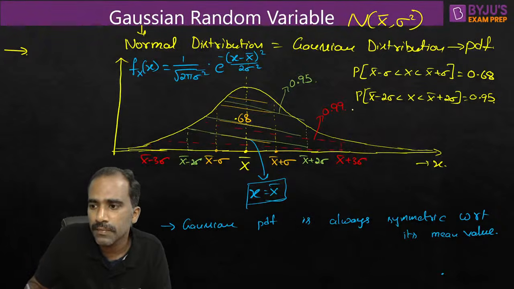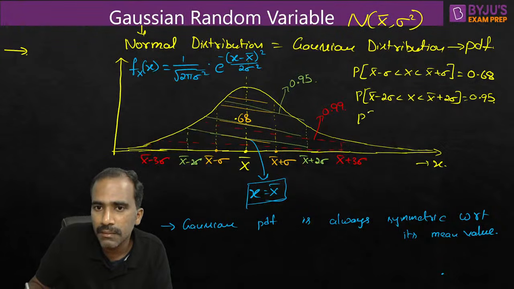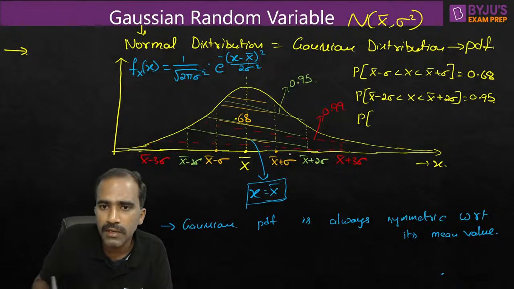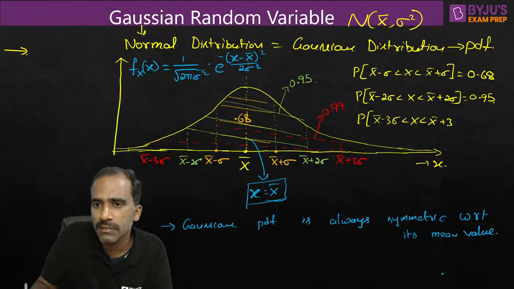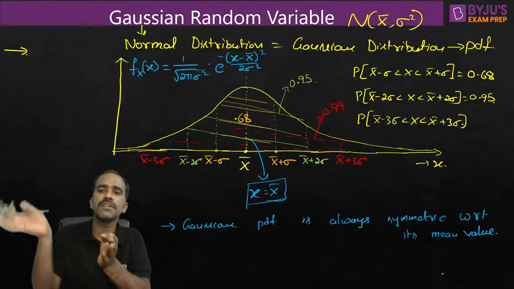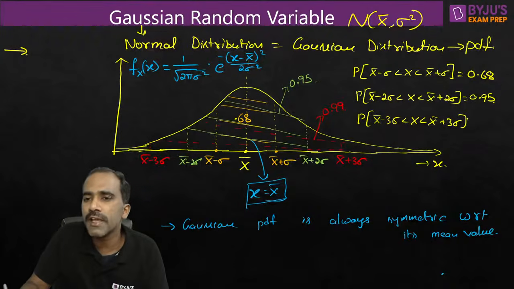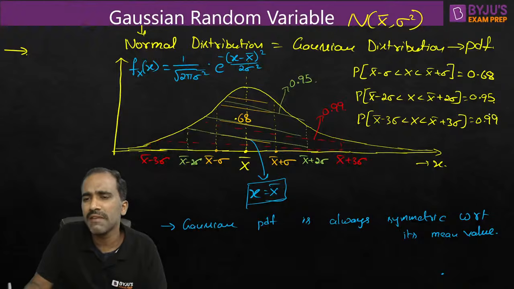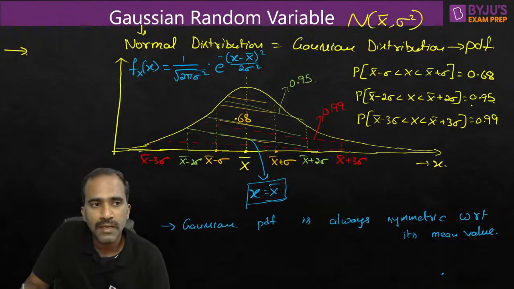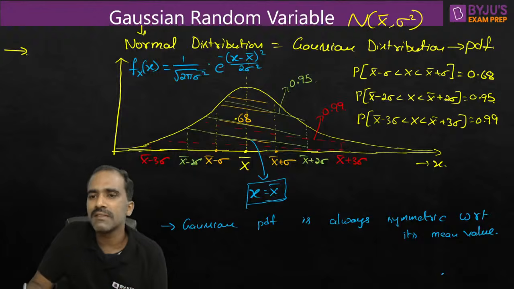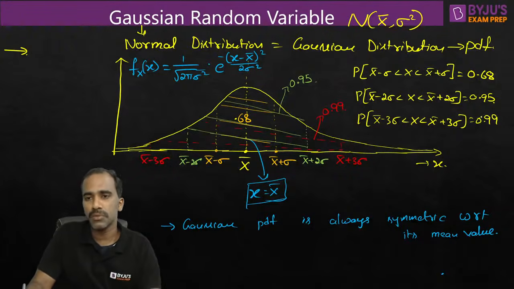Similarly, the area from x bar minus 3 sigma to x bar plus 3 sigma: within 3 standard deviations on both sides, most of the area is covered. 99%, which means almost the total area is covered within 3 standard deviations on both sides.